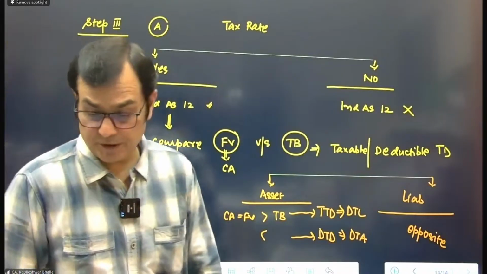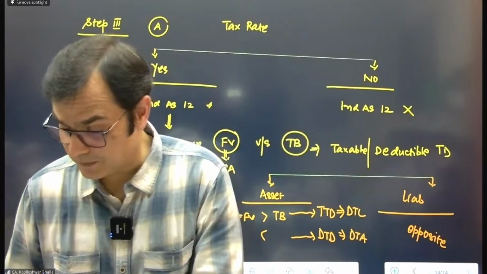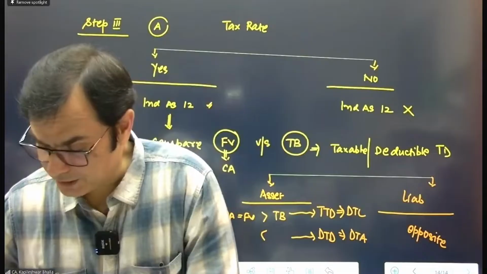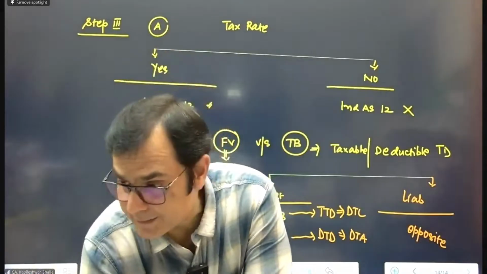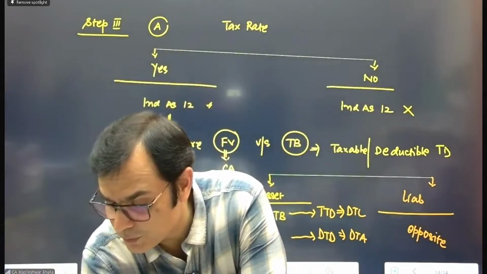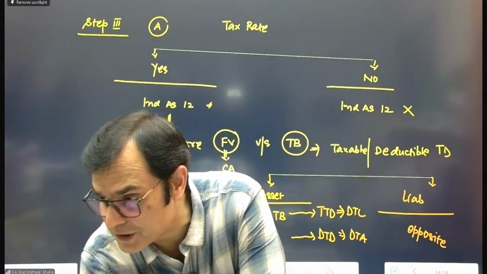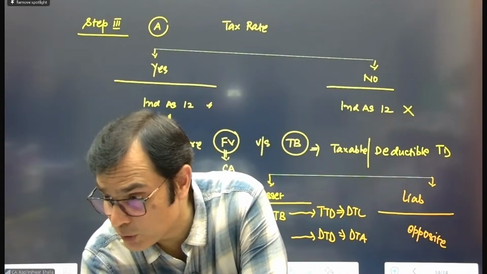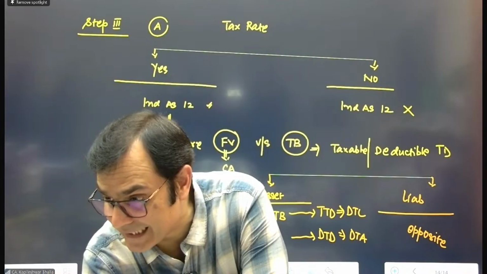Okay, so let me share a small question on this particular area with you. I'll share a question on the screen. This is one of the questions which came in the RTP as well. This is purely on step number 3A.